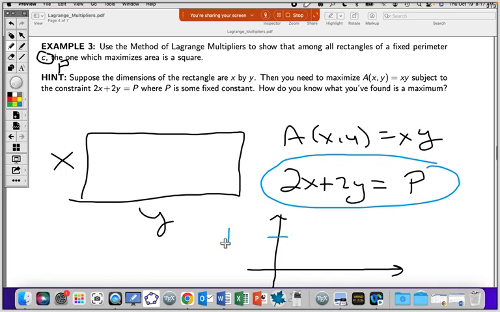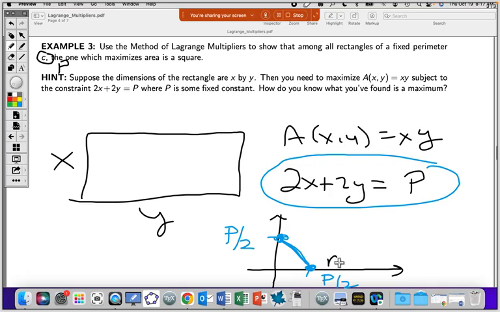What I've got is a line with the x and y intercept there. And since we're trying to make a rectangle, x and y are both technically positive. Now we could include x and y being 0.